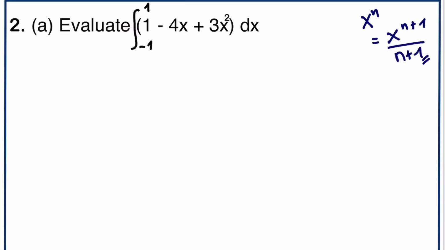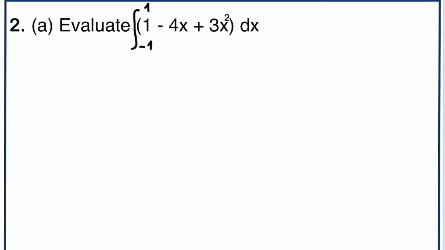For example, if I have x squared, n represents 2, so I'm just going to have x to the 2 plus 1, divided by 2 plus 1. So this is x cubed divided by 3. You follow the formula in order to integrate. Then after integrating, we have to plug in the values for the boundary.